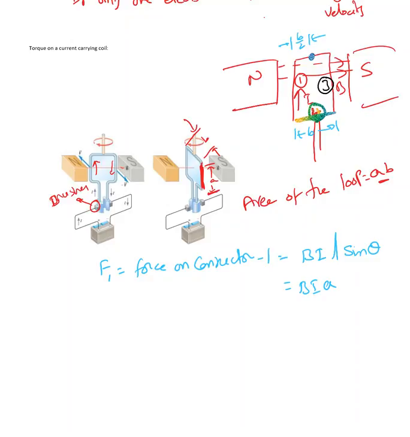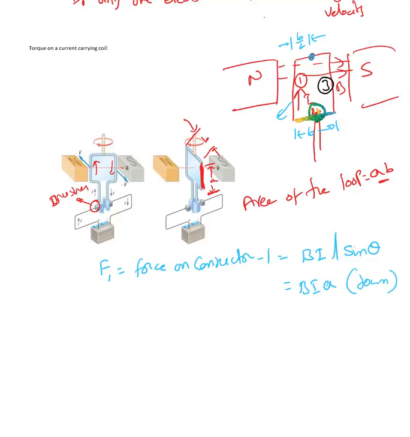Okay, but force on conductor 1, which direction? By using the right hand rule. If you use the right hand rule, thumb indicates the force direction, middle finger indicates the magnetic field direction, and forefinger indicates the current flow direction. If you use the right hand rule, conductor 1 is going to move down.